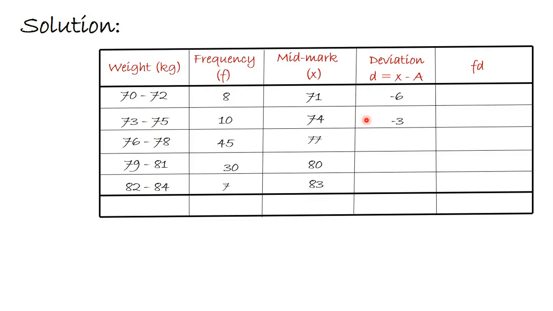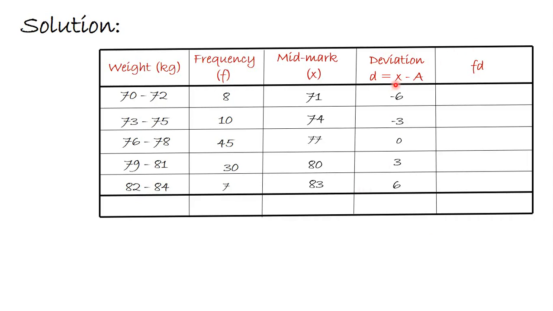Then we have 77 minus 77, the a, that gives you 0. Then we have 80 minus 77, that is 3. Then lastly, 83 minus 77, and that gives you 6. So we have the deviation.